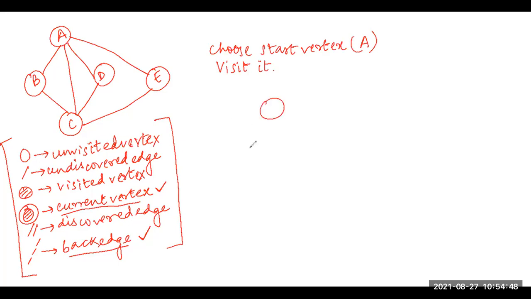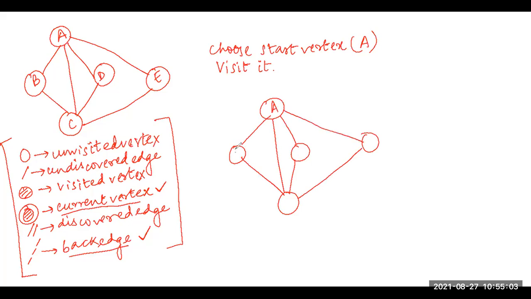So if I redraw, I chose A, I visited A. So I will change it to a visited vertex.